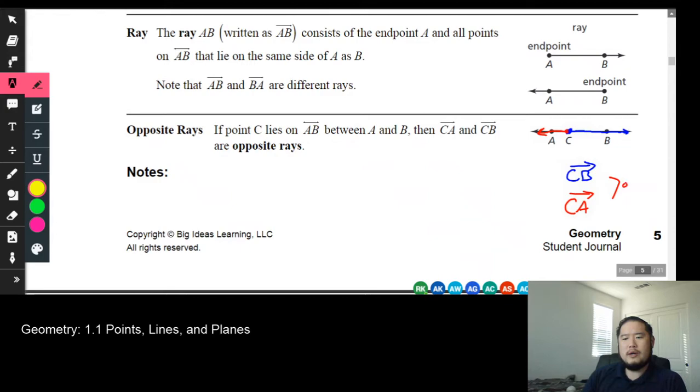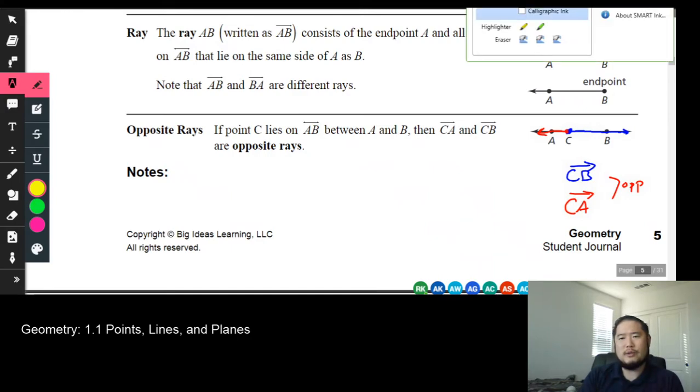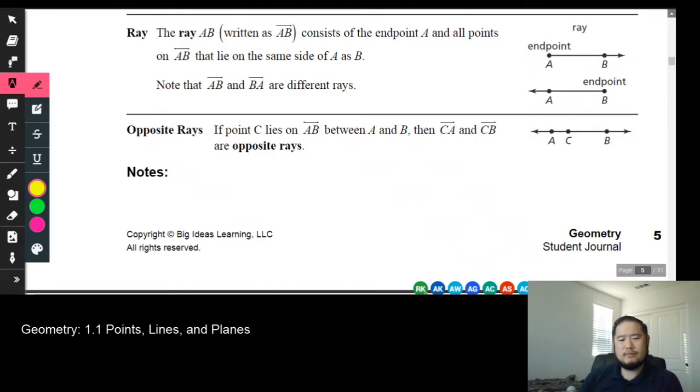They share a common endpoint. Both have C, and then we write which direction those points go towards. Those are your opposite rays.